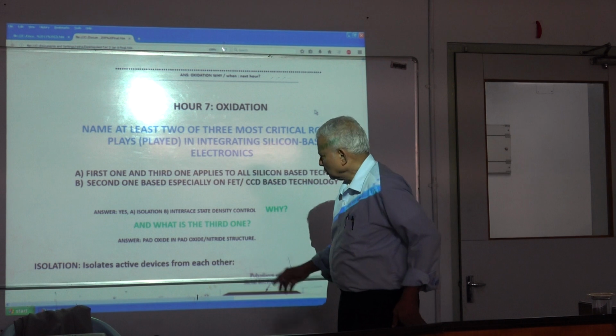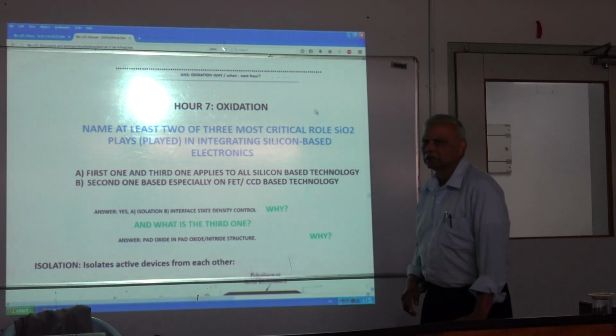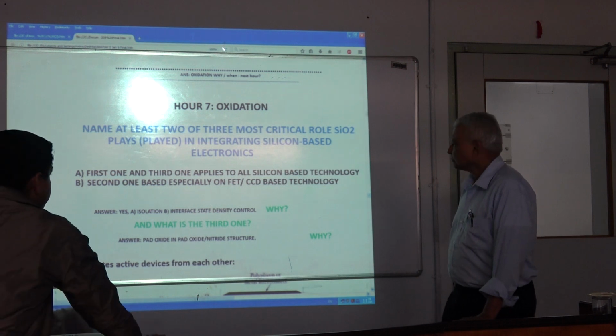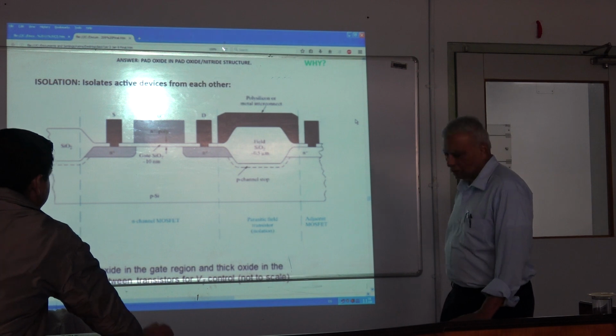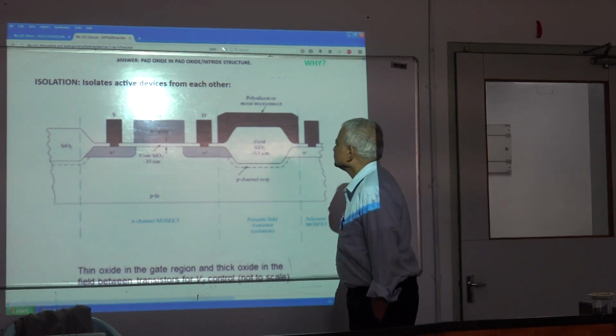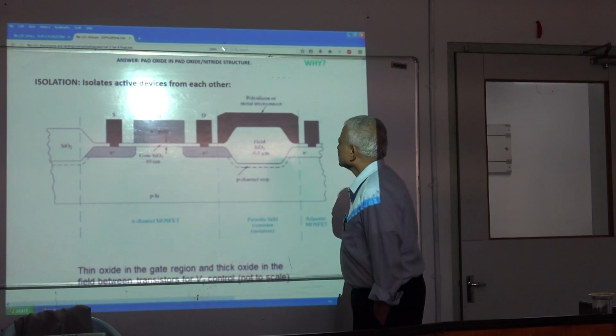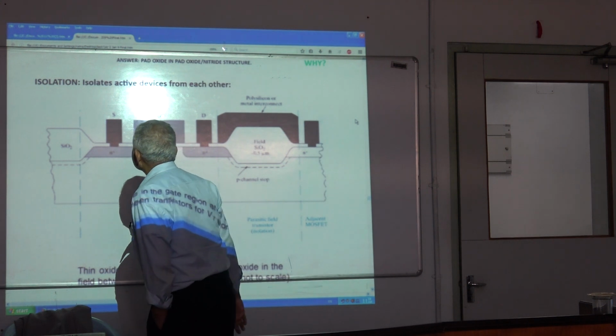And I think I already covered. So you can see, here's the gate, so you have a gate oxide.